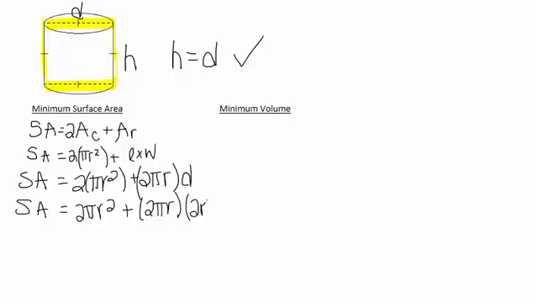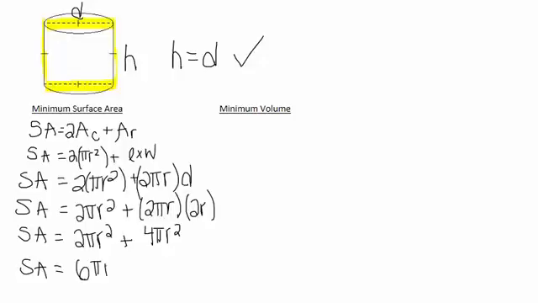And now we can combine these together. So surface area is equal to 2 pi r squared plus, if we multiply these terms together, we get 4 pi r squared. And finally, since these are like terms, we can add them together. So the surface area formula is equal to 6 pi r squared. And that will give us the optimal surface area or minimum surface area.